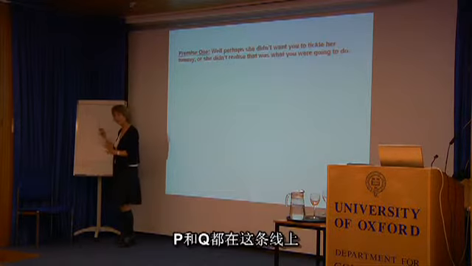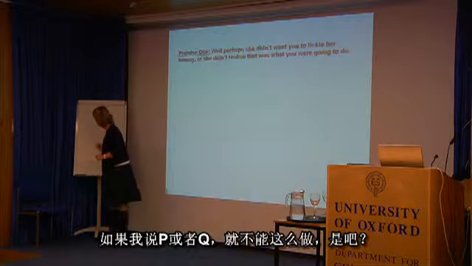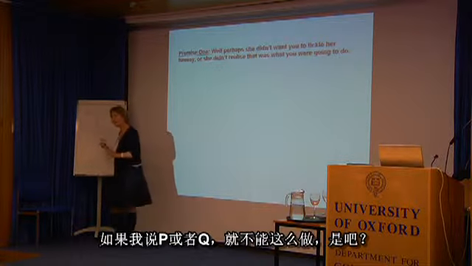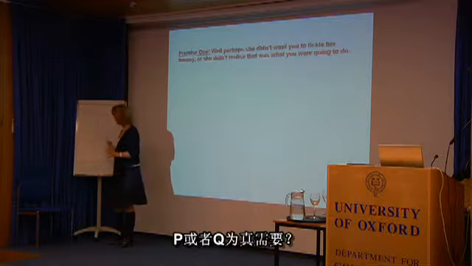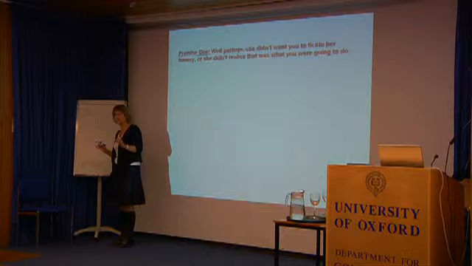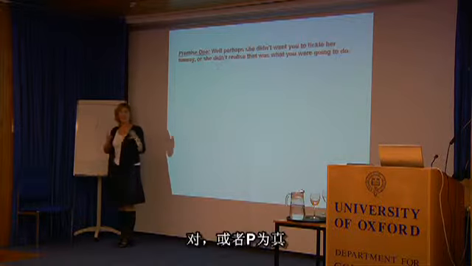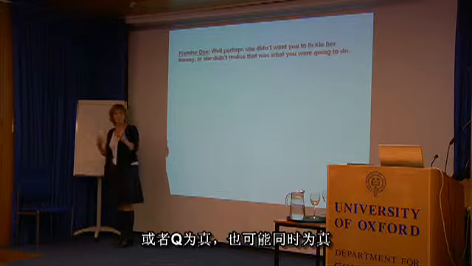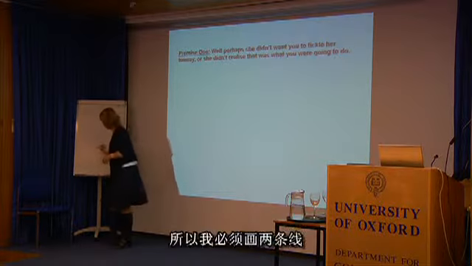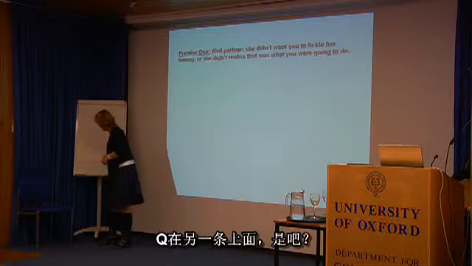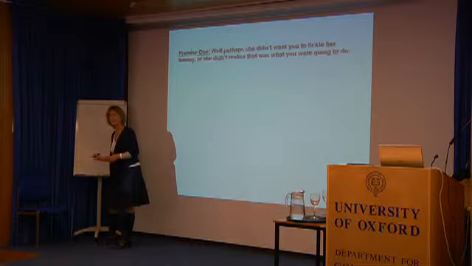Whereas if I say P or Q, I can't do that, can I? P or Q is true just in case what? Yeah, either P is true or Q is true, or sometimes both. So I'd have to draw two lines and put P on one line and Q on the other, wouldn't I?